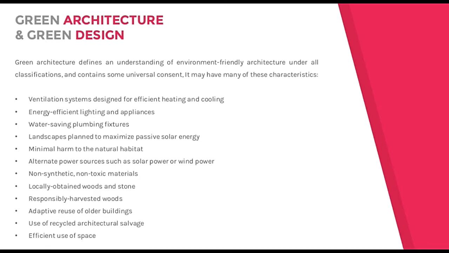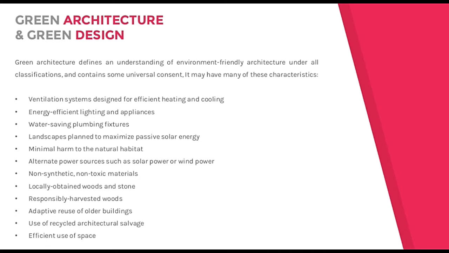It must be energy efficient. A green design must be energy efficient, including lighting and appliances. It is also water saving. Matipid siya sa tubig, water saving for plumbing fixtures.